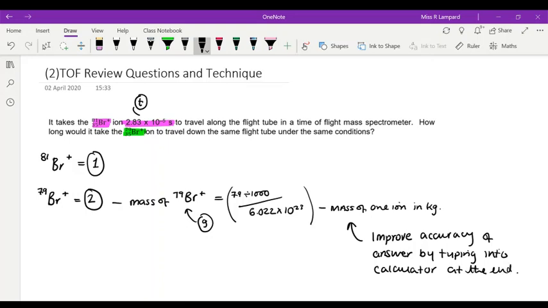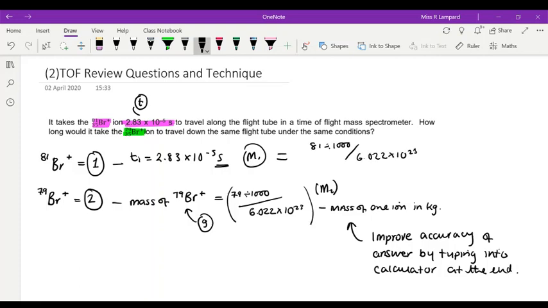We know we've got the time for ion number 1, so we're going to say T1, and we're going to call this M2. And T1 is equal to 2.83 times 10 to the minus 5 seconds. And that's in seconds, so we're happy with that. And again, we can work out the mass of ion number 1 in the same way as here by doing 81 divided by 1000 divided by 6.022 times 10 to the 23.